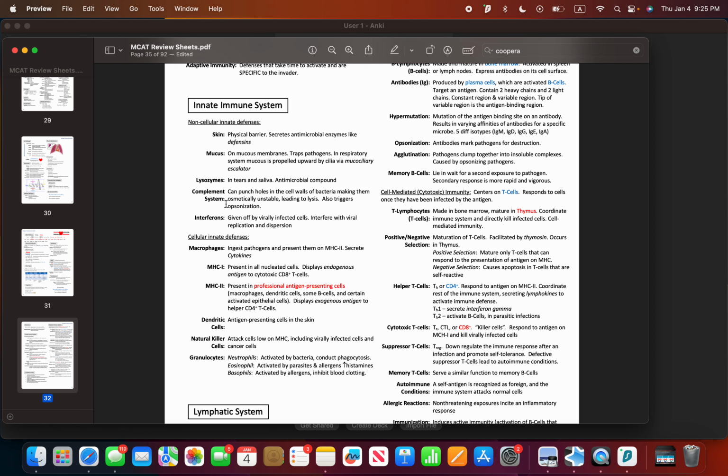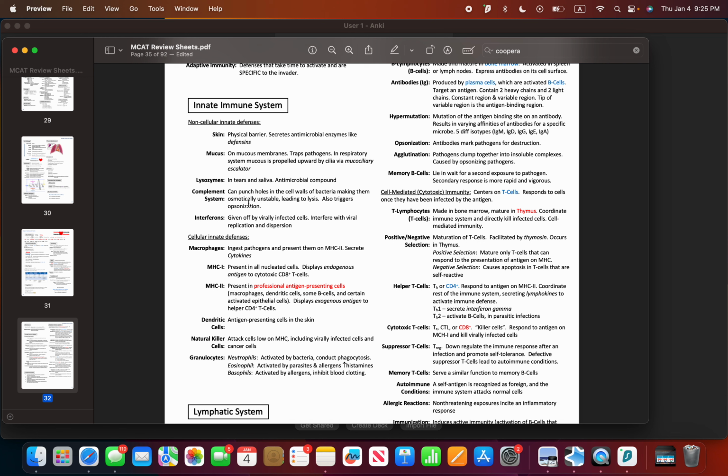So again, we had lysozymes. We have the complement system, which complements the immune system by helping with the antibodies, I believe.